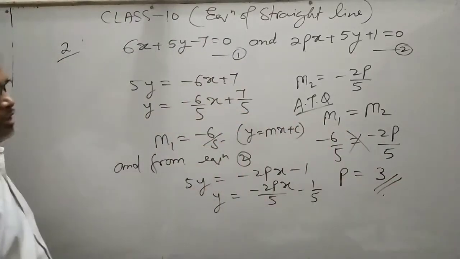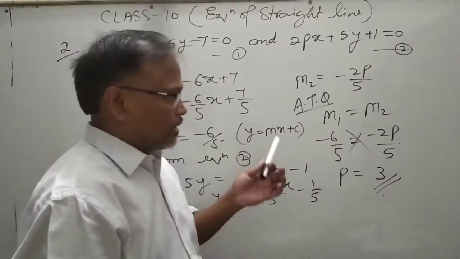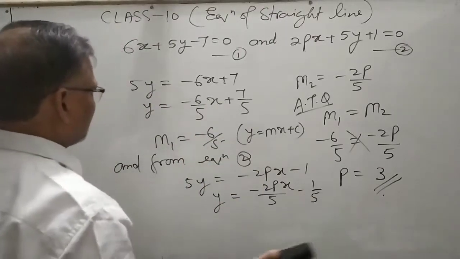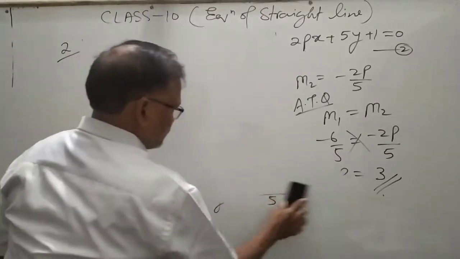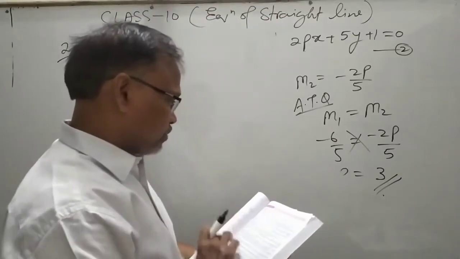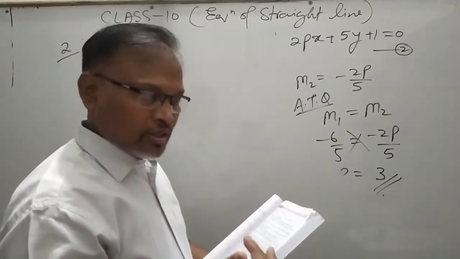This is the value. So by using the conditions of parallelism and perpendicularity, you can find the constant or other things also. Then for other questions, it is the same, but how do we show that two lines are perpendicular?